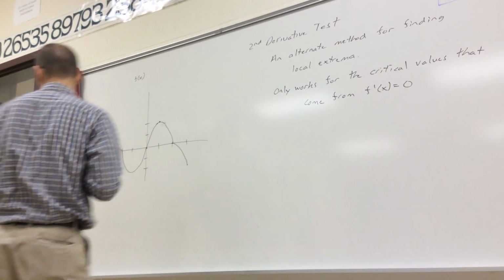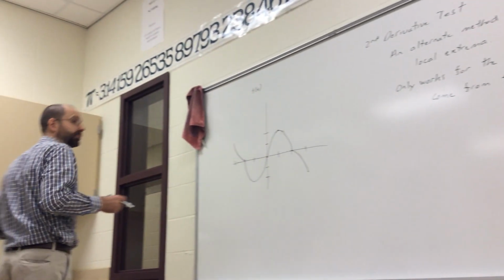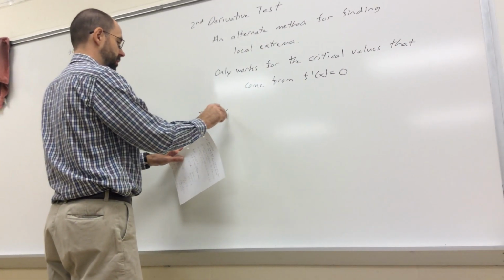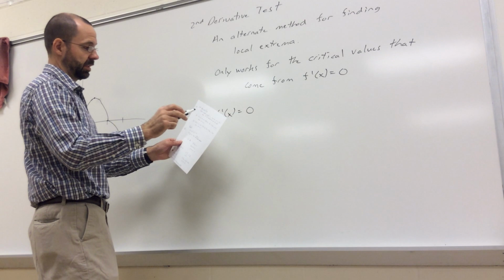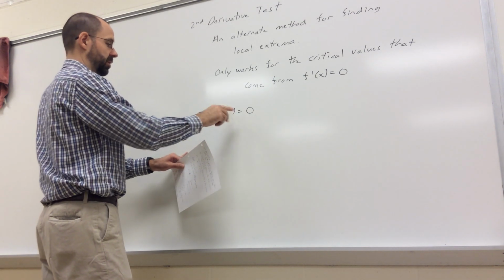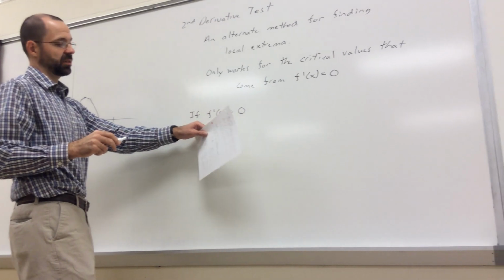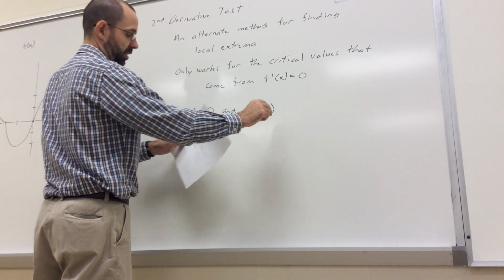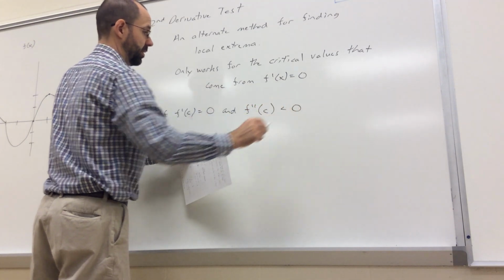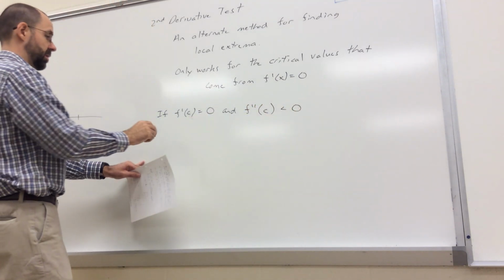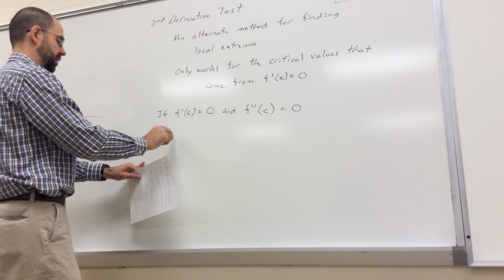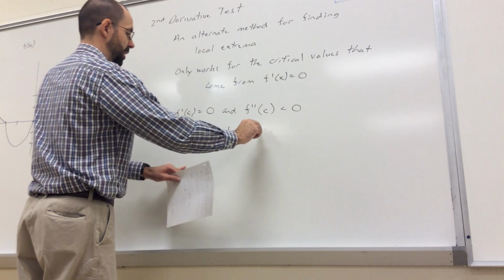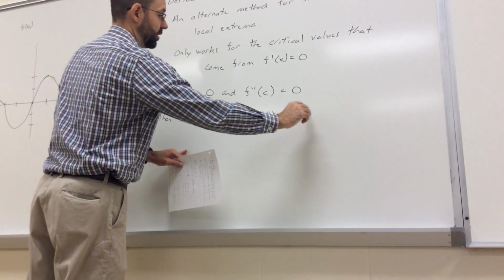Okay, but anyway, it's the second method, and here's how it works. It says if f prime equals 0 at c, so if f prime of c is 0, and f double prime at c is negative, then f has a local max at x equals c.